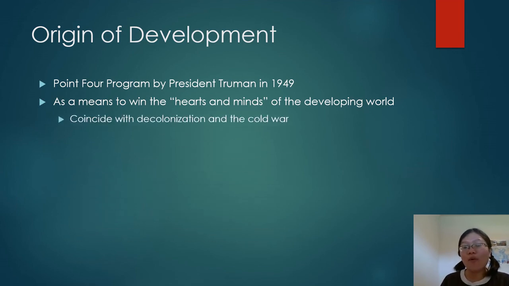This Point 4 program was proposed during a time of decolonization, where many countries around the world started to achieve independence in the 1950s. So they are newly formed nations. And this is also in the context of the Cold War. If you listen to President Truman's speech from the beginning, you can see that he was talking so much about fighting communism.